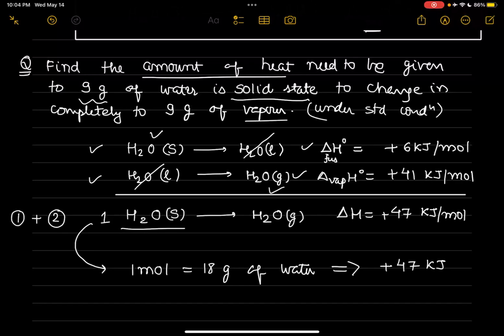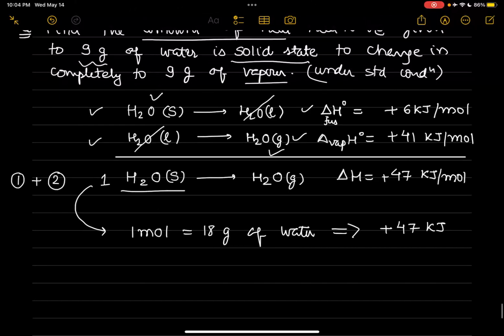Why do we need to subtract the H2O in liquid form? If you add these two equations, H2O solid plus H2O liquid will be there on the left hand side, and H2O liquid and gas will be there on the right hand side. It will be this kind of equation: A plus B is B plus C.